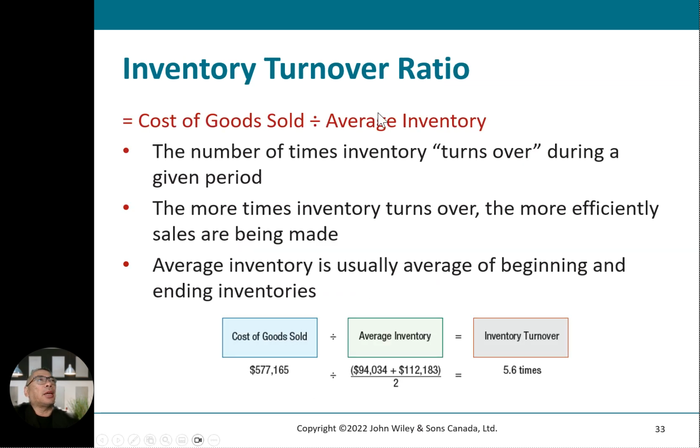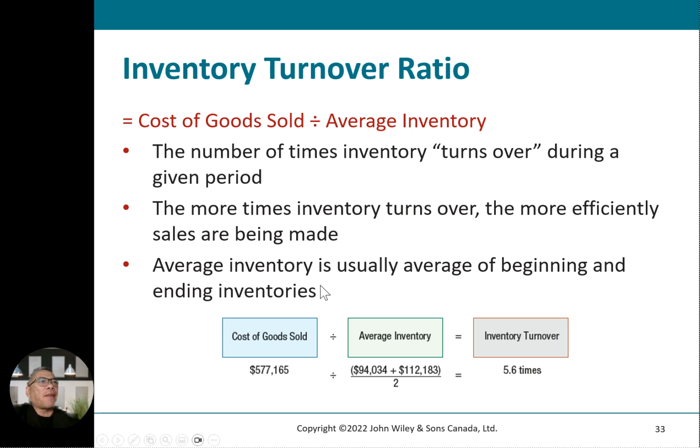Okay, let's look at the inventory turnover ratio. What is the logic? It equals CGS, cost of goods sold, divided by average inventory. So it is the number of times inventory turns over during a given period. The more times inventory turns over, the more efficient the sales are made. That's the logic. The higher the number, the more efficient the sales are made.